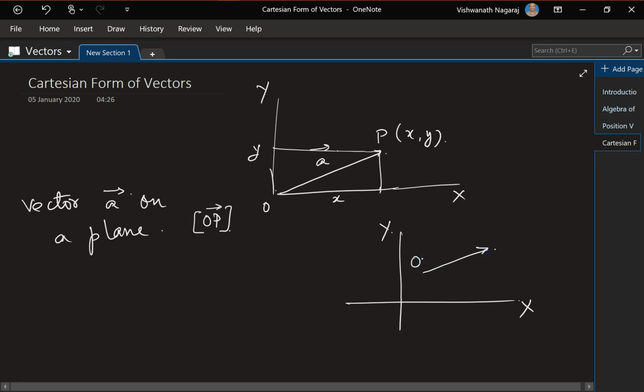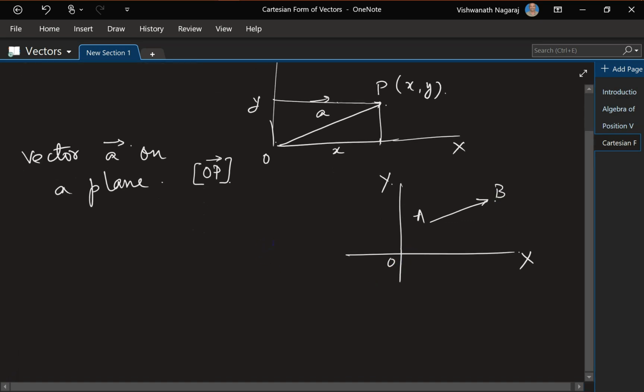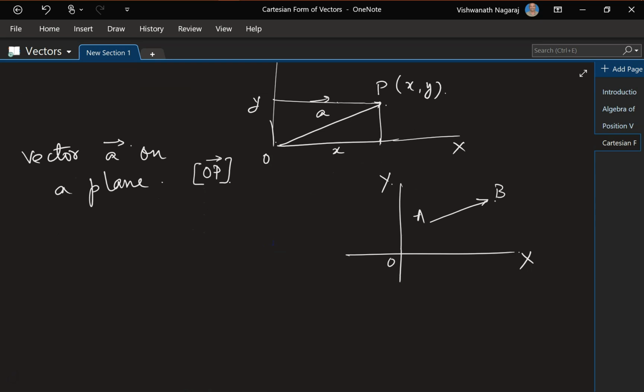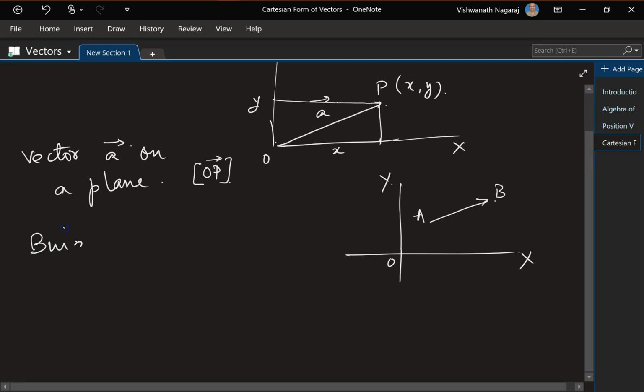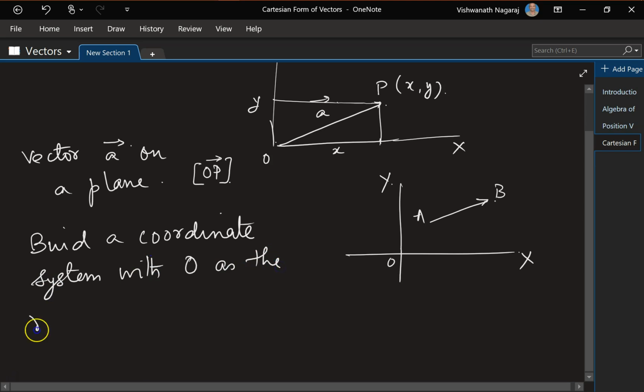So let's say this is, now we can't use O, so let's say A, B, and this is O. So you could have something like this as well. Now to understand it in coordinate system, we build a coordinate system with O as the reference point. Now here O is the origin.